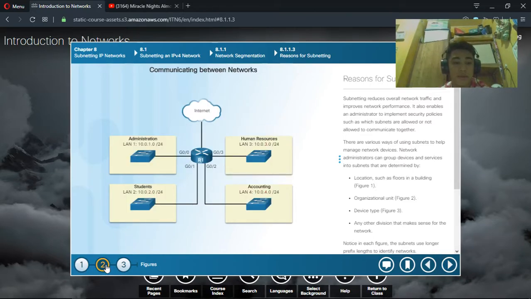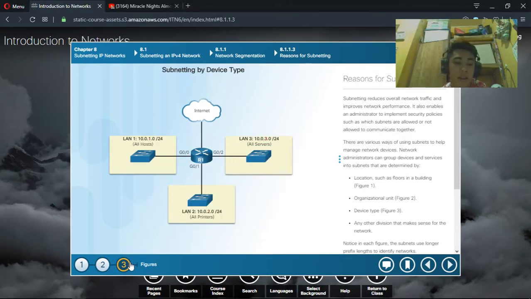Next, as we can see here, the different networks are connected to the router, and the router is connected to the internet. So the networks for administration, student accounting, and human resources will not produce that much traffic because they are on different ports of the router.